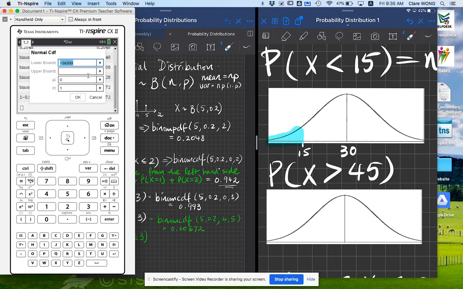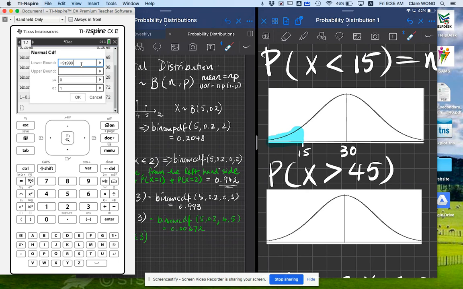The lower bound, in order to enter it into the GDC, you understand that it is all the way from the left, because of the asymptotic property of the normal distribution curve. We know that this goes on forever, but never touches 0. Meaning when going to the left, it goes on forever, so it can go really, really negative. That's why by default, your calculator will give you -9 times 10 to the power of 999.